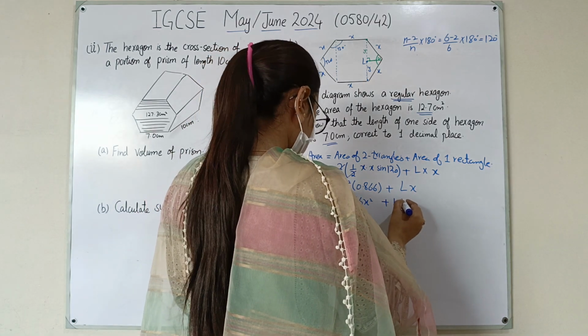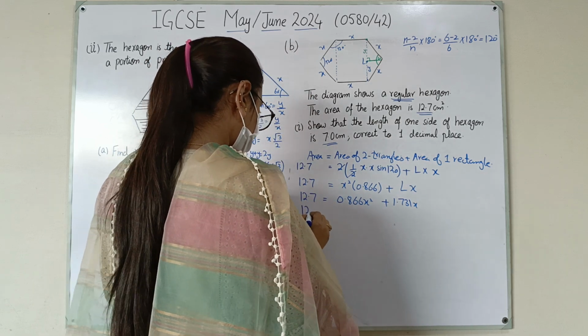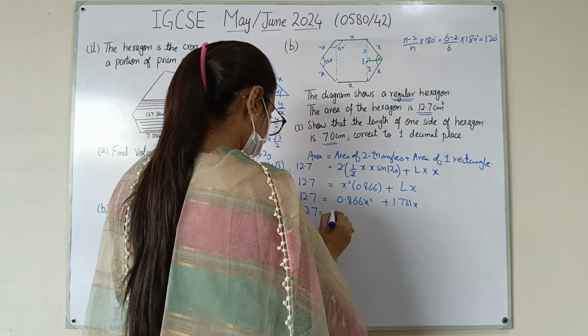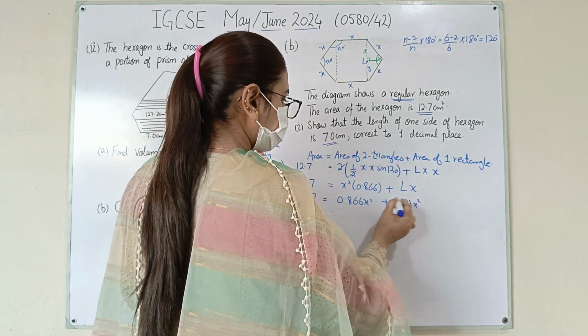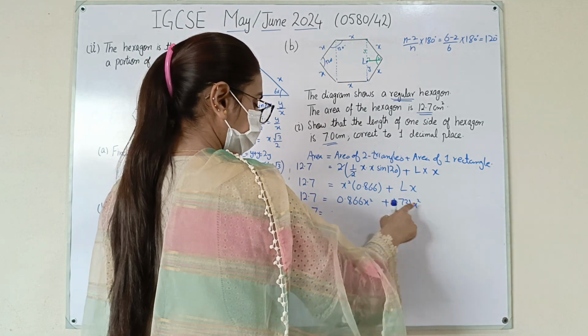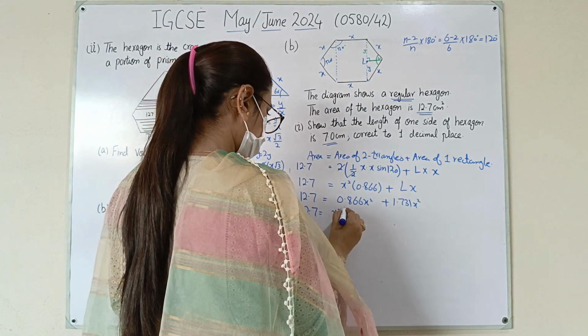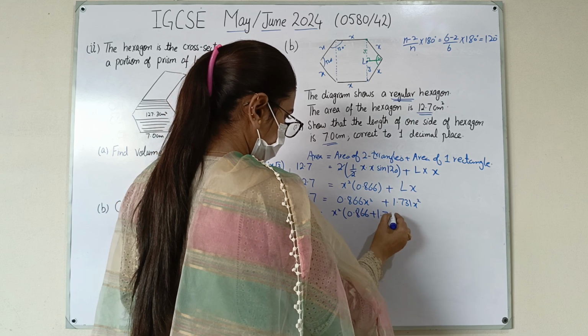So you will get 12.7 equals 0.866 x square plus 1.731x times x, which makes x square. So take x square as common: 0.866 plus 1.731.